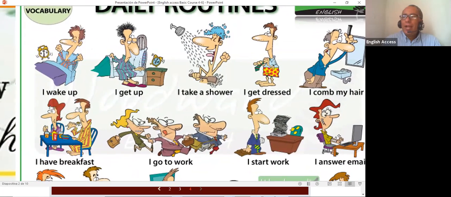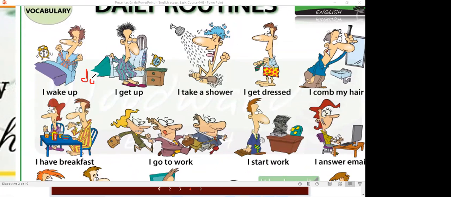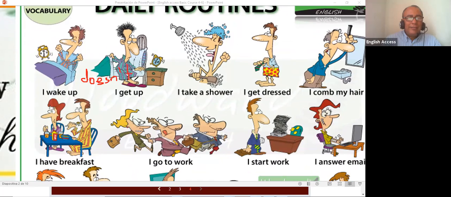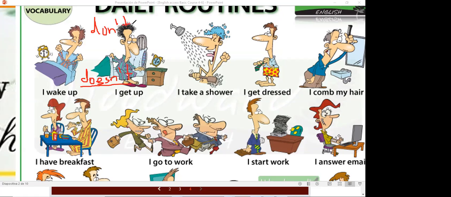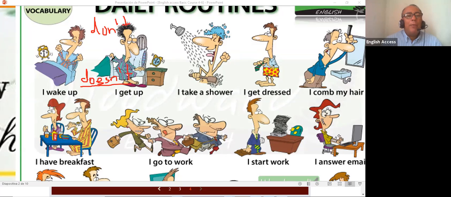Pero si fuera negativo, le tenemos que a fuerzas agregar para él y ella doesn't. Y este doesn't ya me da la tercera persona y aparte es negativo. Si yo no me levanto, yo uso don't. I don't wake up, I don't get up. Pero si fuera él o ella, he o she, uso doesn't.